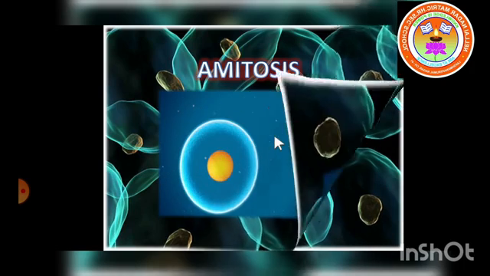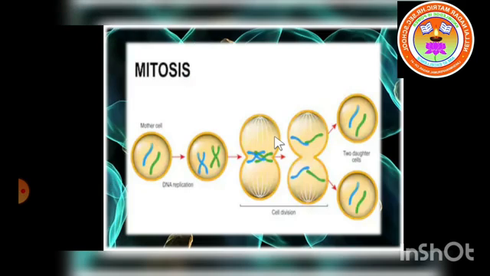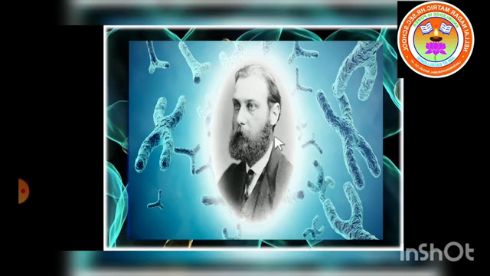Next we will see what is mitosis. Mitosis cell division was first discovered by Fleming in the year 1879.